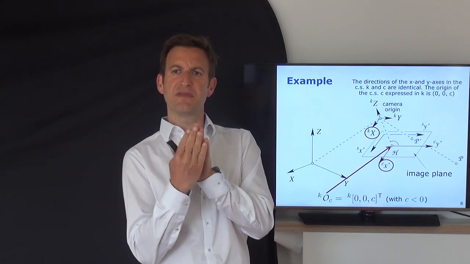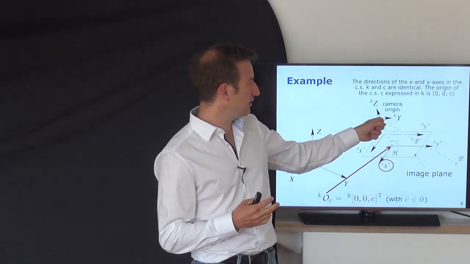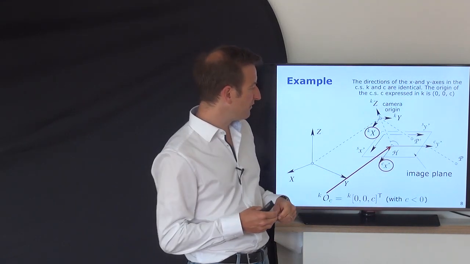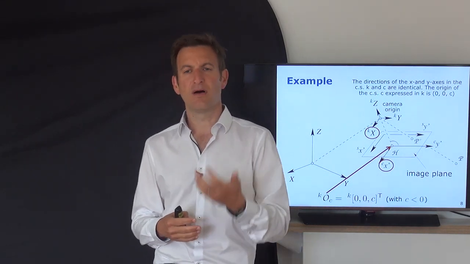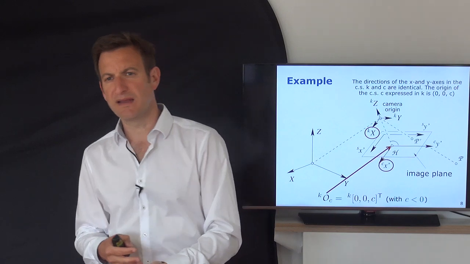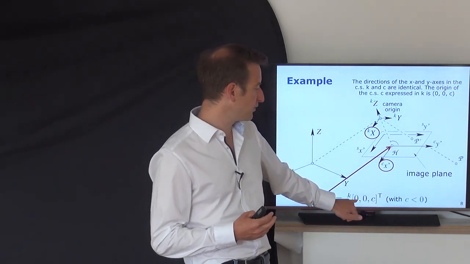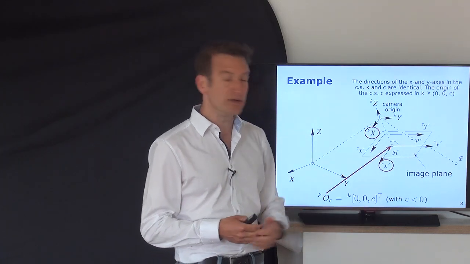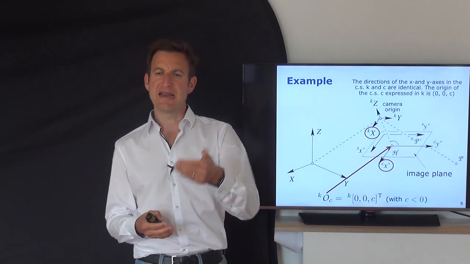It's the offset of the image plane from the projection center of my camera, so that we can express the origin of the image plane in the camera coordinate system as 0, 0, c. So no shift in x, no shift in y, only a shift along the z-axis, and it's typically a negative shift.